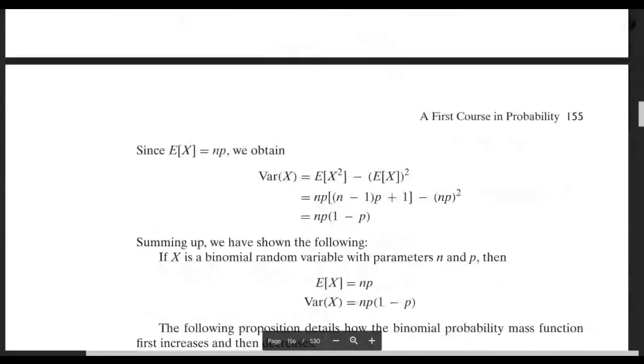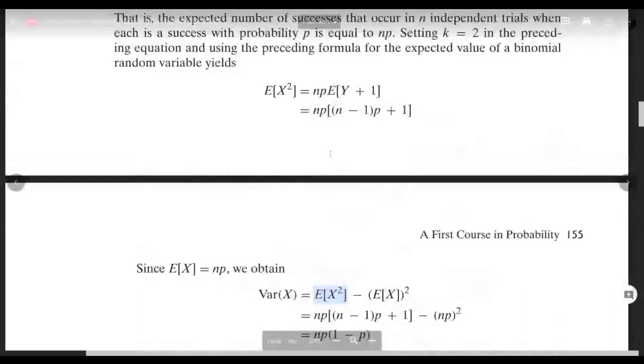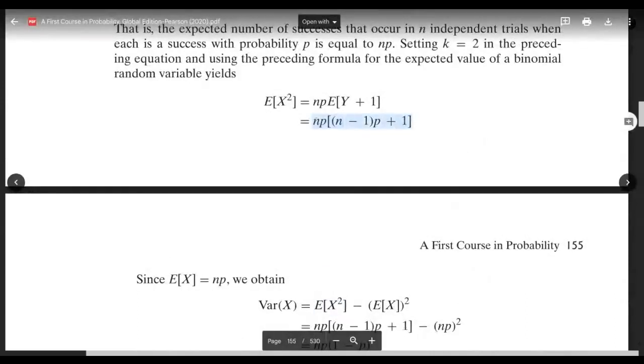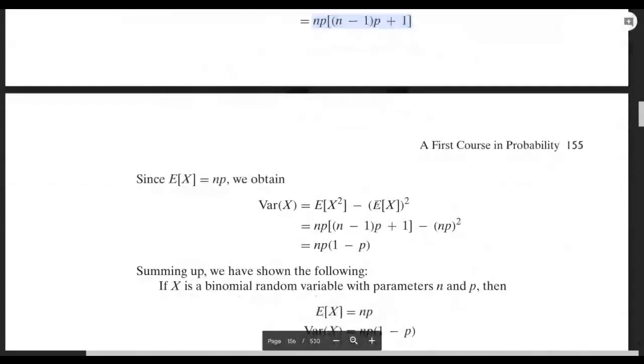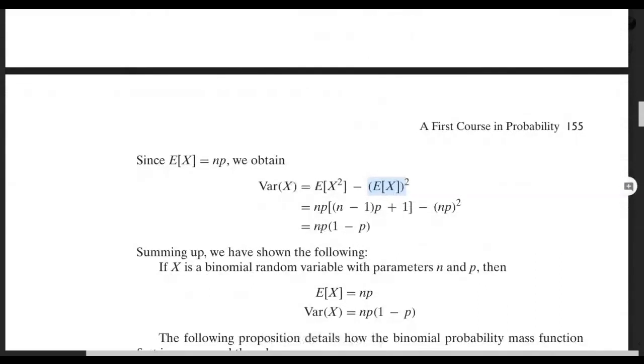Then we have this one equals np, so we obtain variance equals E of X squared minus E of X squared.